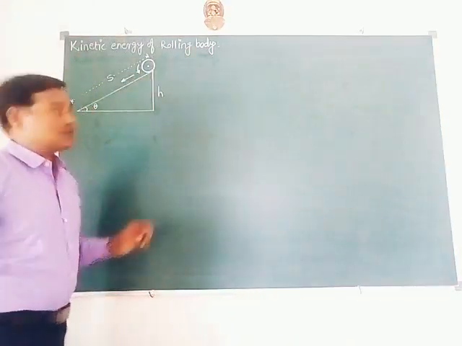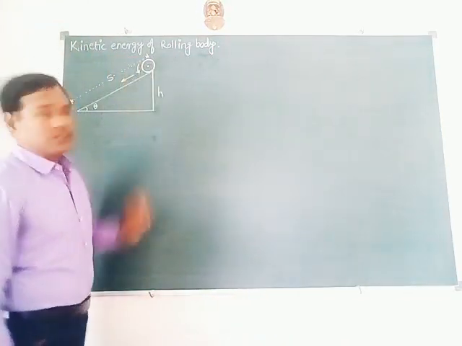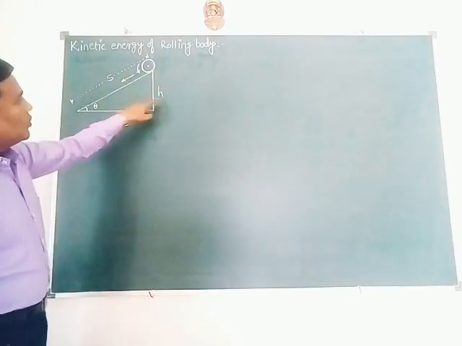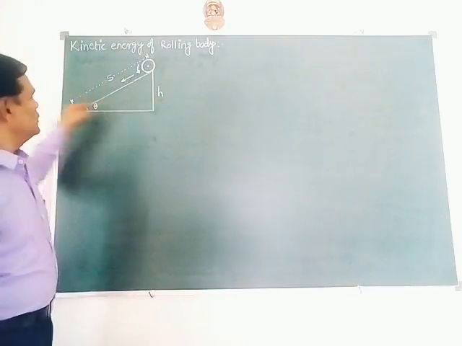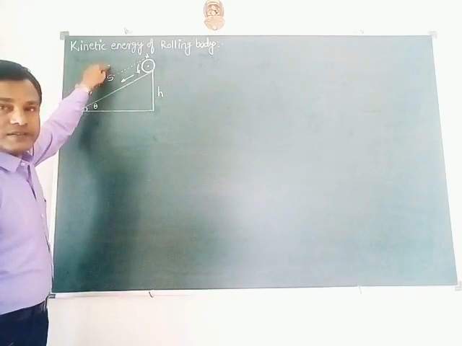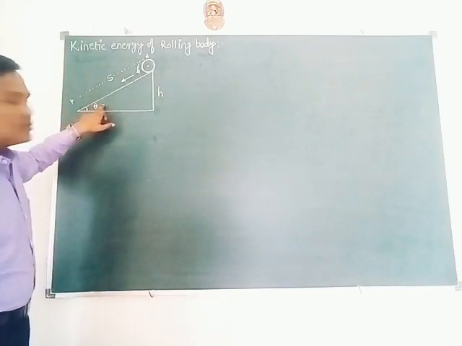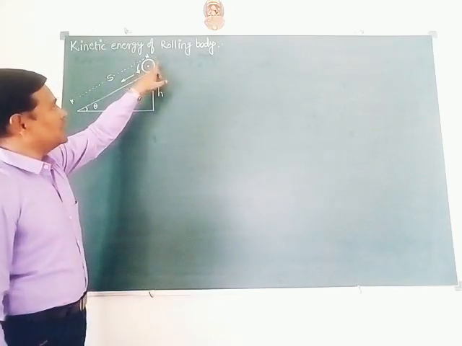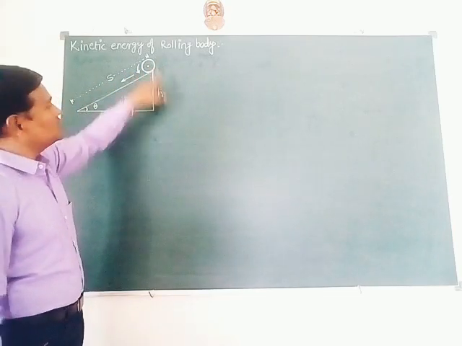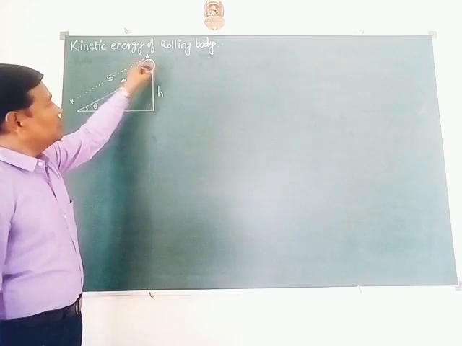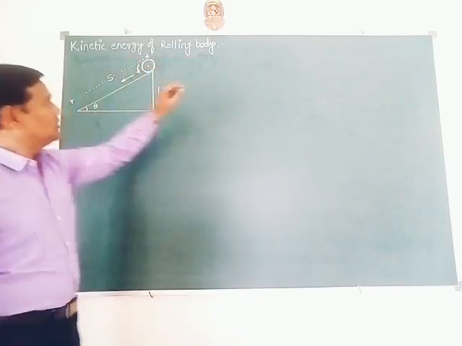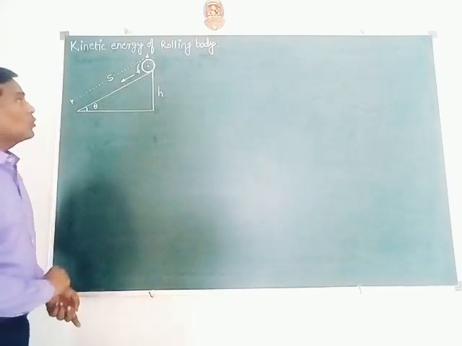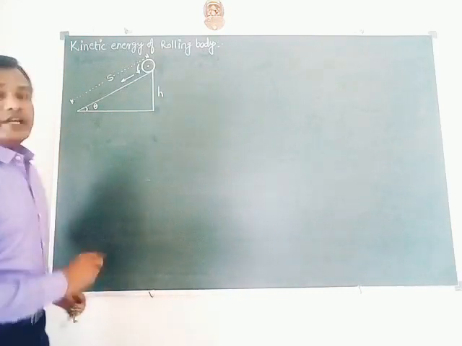Here we have to consider an object, first an inclined plane with height h, length of the path is s, it is inclined at an angle theta. Here is an object which is kept at this highest point. If we release that object, it starts moving in downward direction with two types of motion.